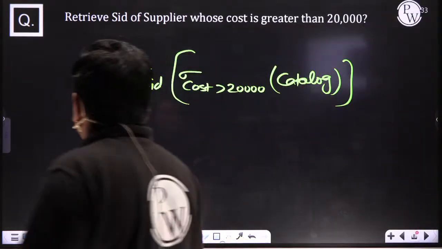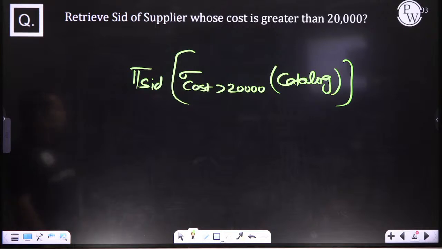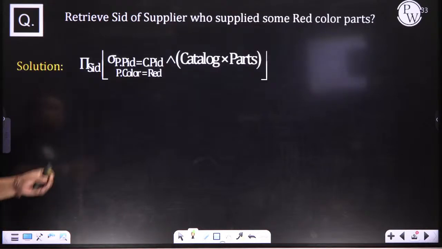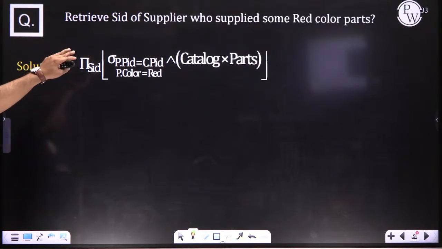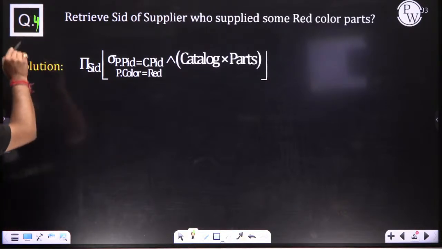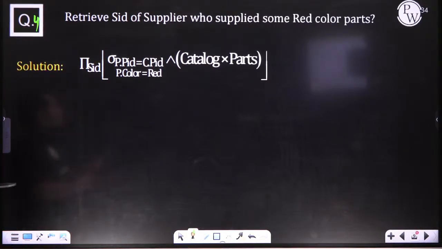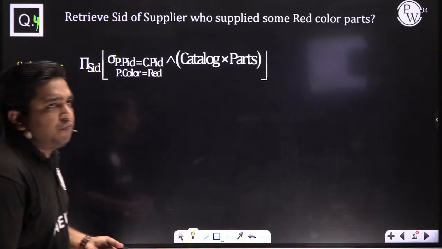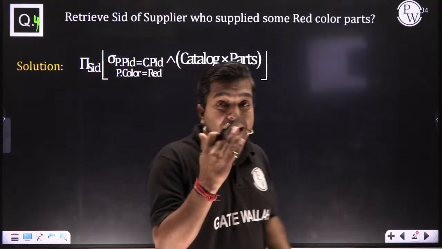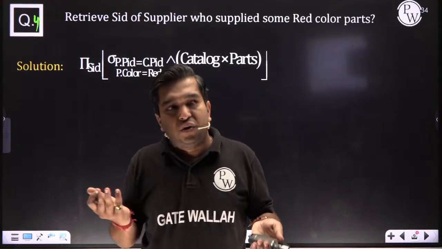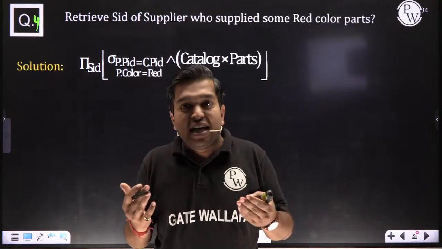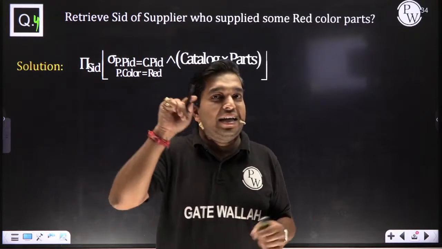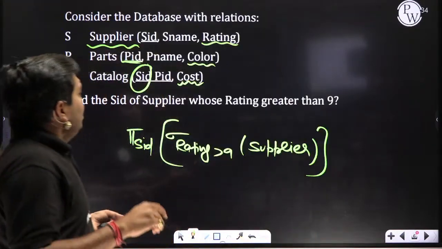God bless. Now, I want to tell you about optimized queries. This is the next query, number 4. We want to find the SID of suppliers who supplied some red color parts. First of all, what is most important is that you have to analyze how we execute it.